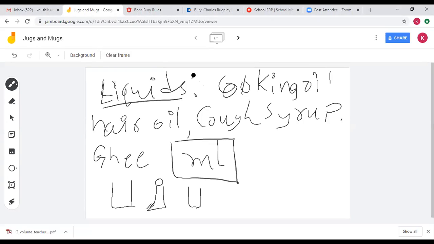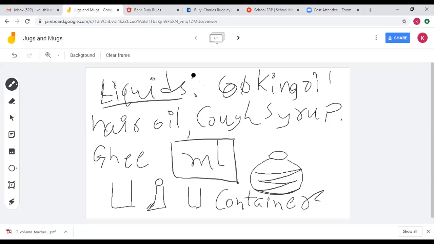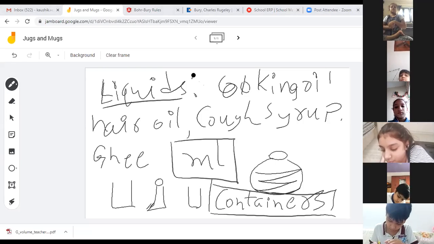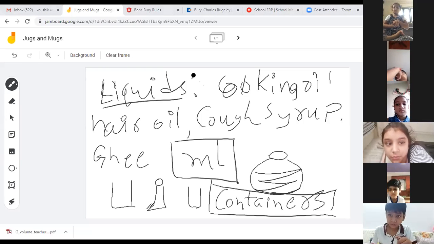And then you have your earthen pot, your matka, so the water will be like this. So liquids have to be put in containers, and they will take their shape. Okay everyone, understood?